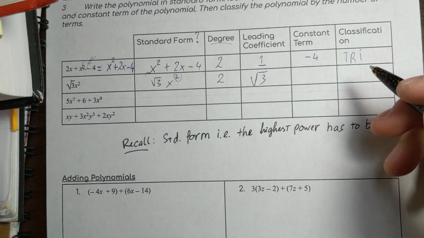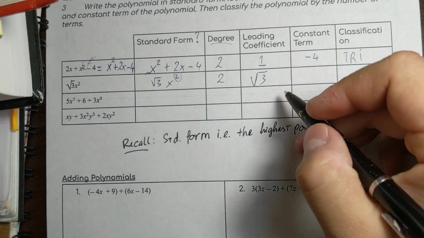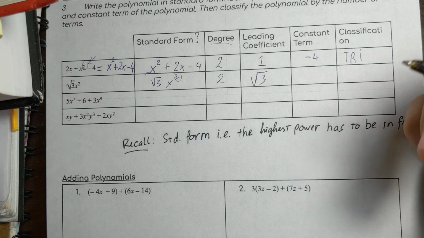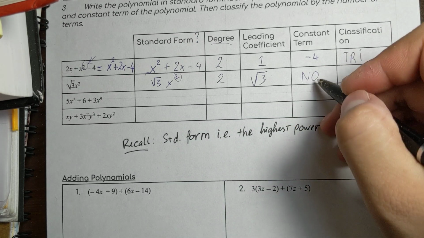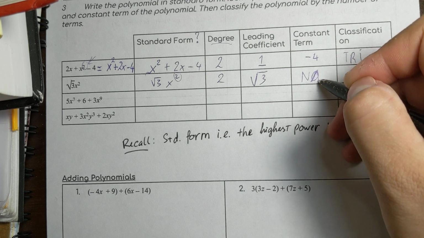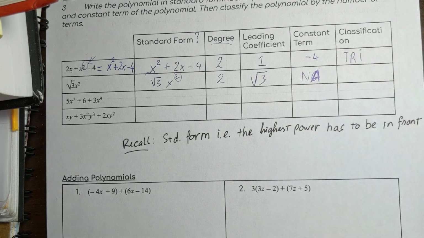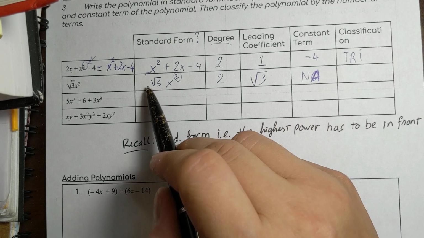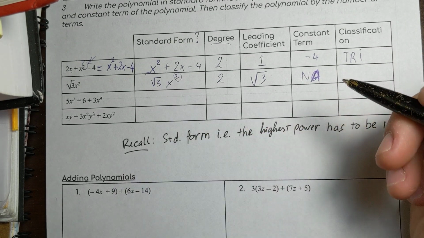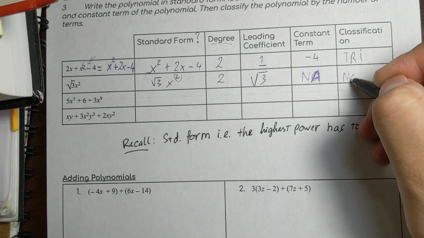Really clear. Constant term. Do we have any constant? Obviously, no. Or you can say NA if you want to be fancy. We'll just do NA. Classification. Well, since you only have 1 term and 1 term only, it has to be monomial.